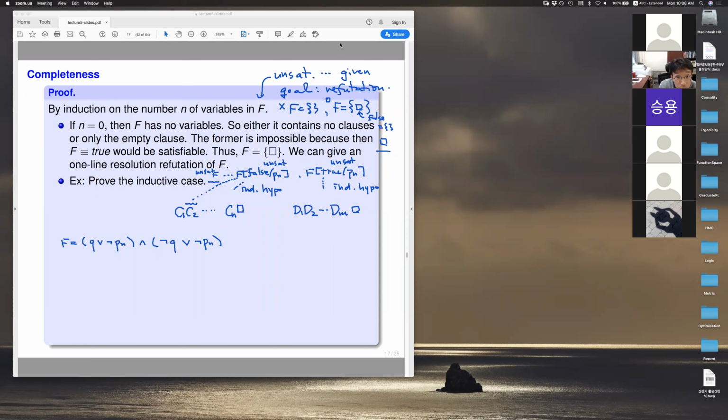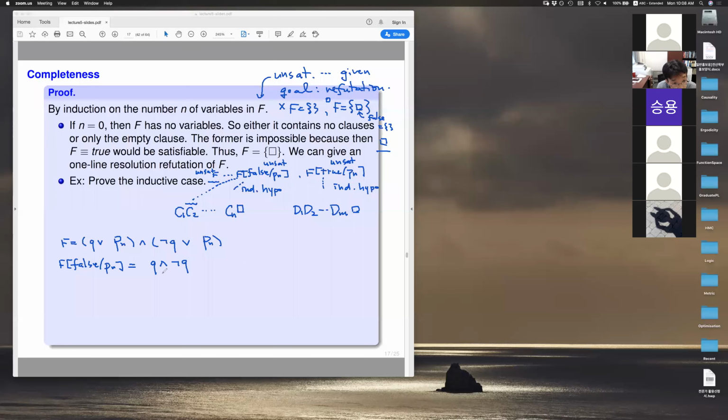After the replacements, this becomes false, this becomes false, and having false as an additional disjunct doesn't affect anything. So that becomes the same as Q and negation of Q.